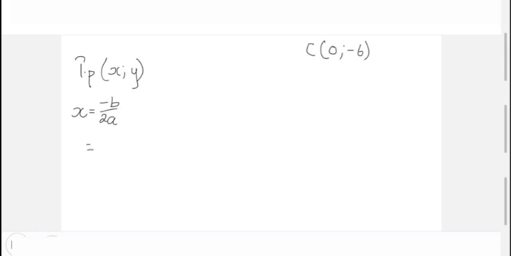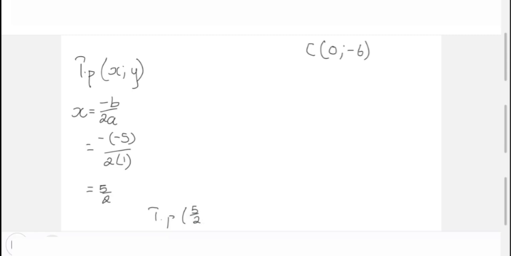Substituting negative negative 5 over 2 into 1, it will give us 5 over 2 as the overall answer. So now we know that the turning point, TP, has the x coordinate of 5 over 2.